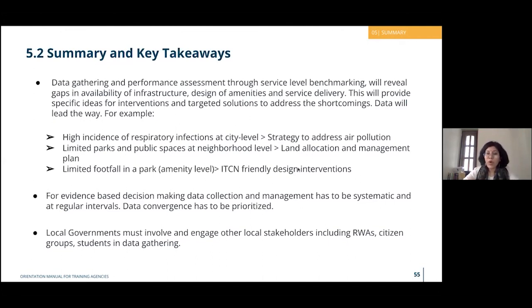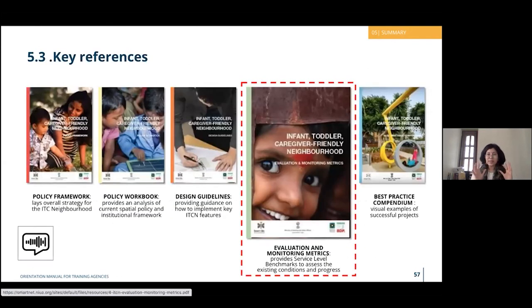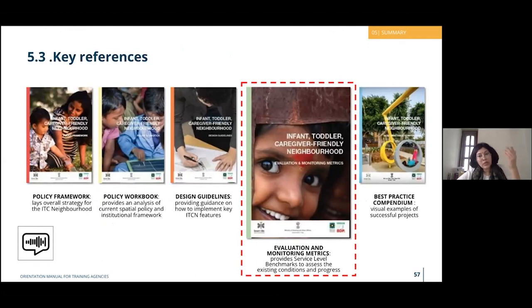So those were the broad concepts that I wanted to highlight, and that also ends this orientation modules course. We had 4 modules. Second one, we looked at elements. Yesterday, Avnish spoke about the different policy initiatives, from master plans to TP schemes to local area plans, where this can be plugged in, where we can synergize with these missions.